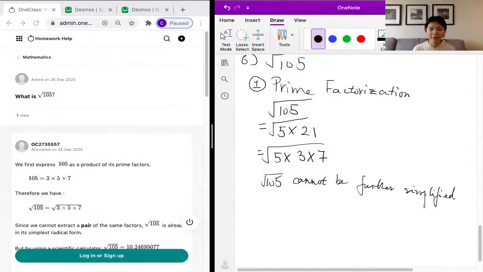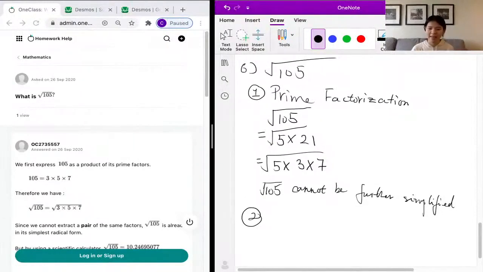So the first way is, usually over here you can just say the square root of 105 is just the square root of 105. It wasn't too much of an interesting answer, but as long as you show that you've done prime factorization and say that the root of 105 cannot be further simplified, then it's a completely perfect answer.